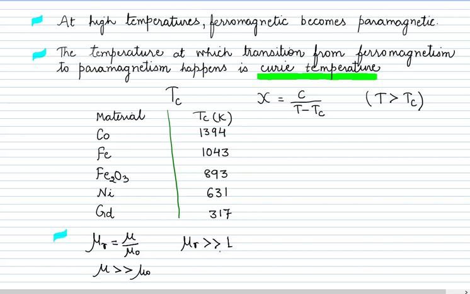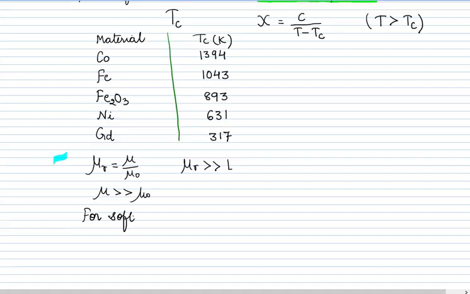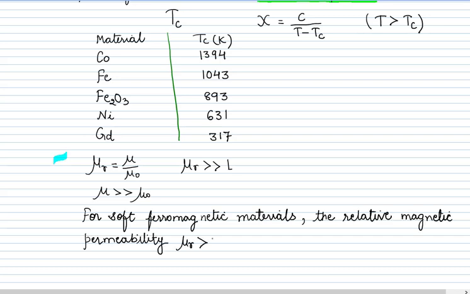And if we take the example of soft ferromagnetic materials, then for all the soft ferromagnetic materials, the relative magnetic permeability mu r is greater than 1000. So the value of the relative permeability is high.